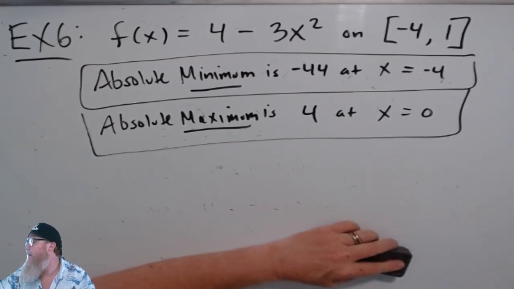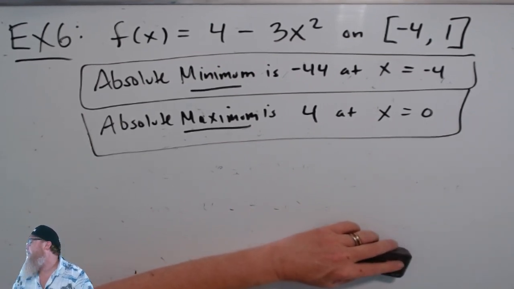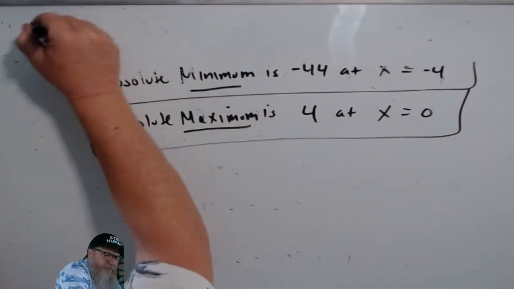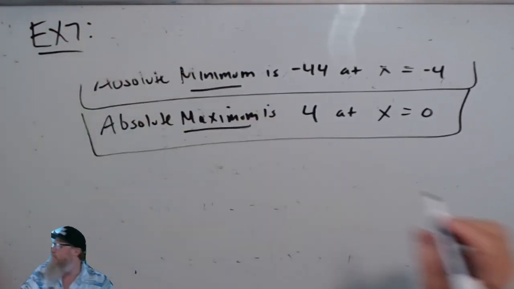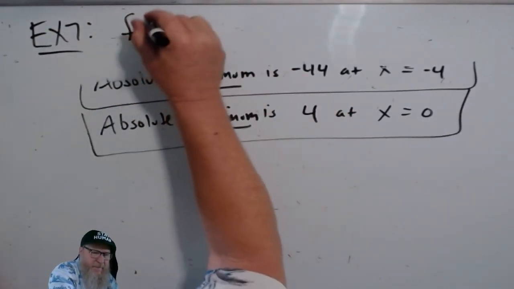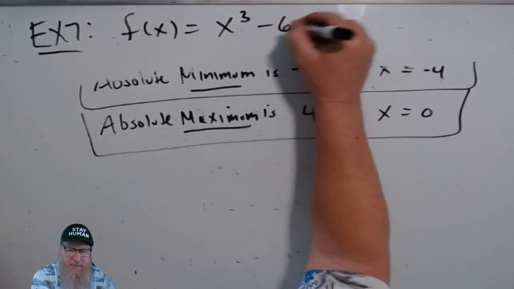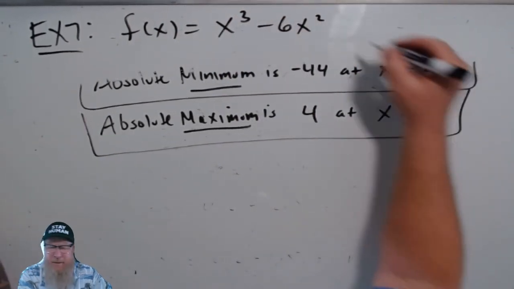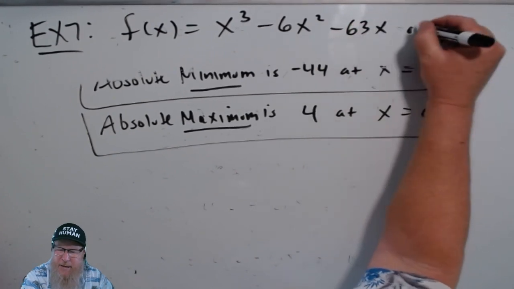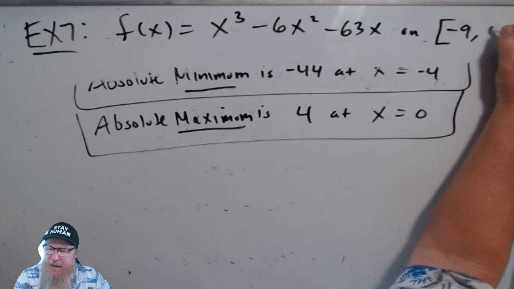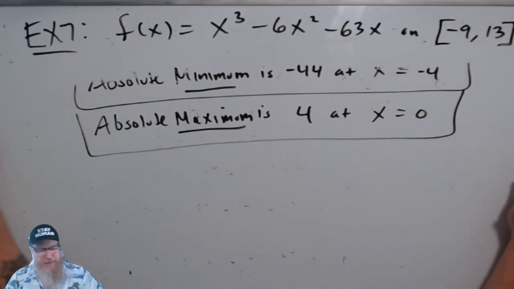Okay. How about example 7? Q minus 6x squared minus 63x on the interval -9 to 13.